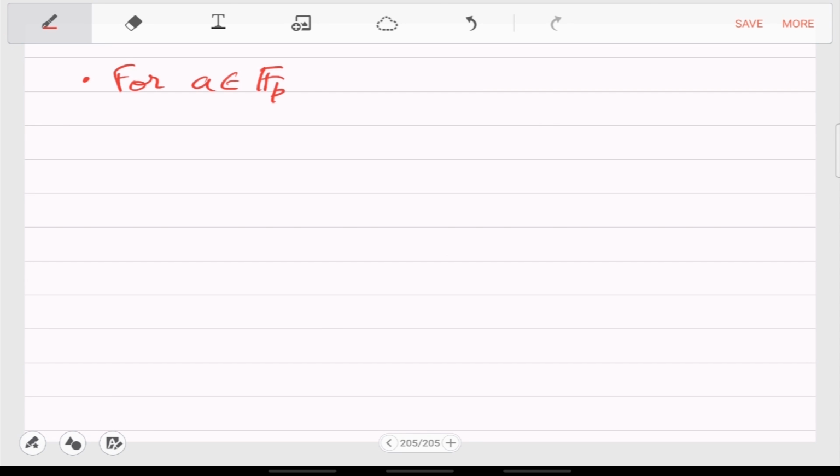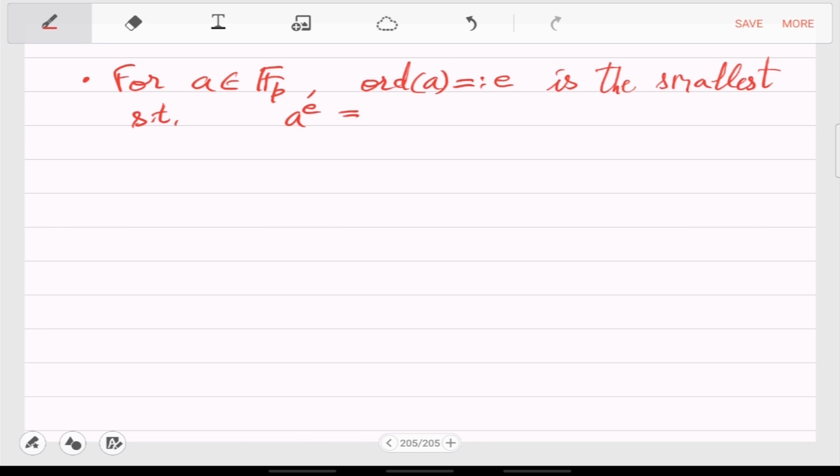So for A in Fp, the order of A, let's say E, is the smallest number such that A to the E is 1.